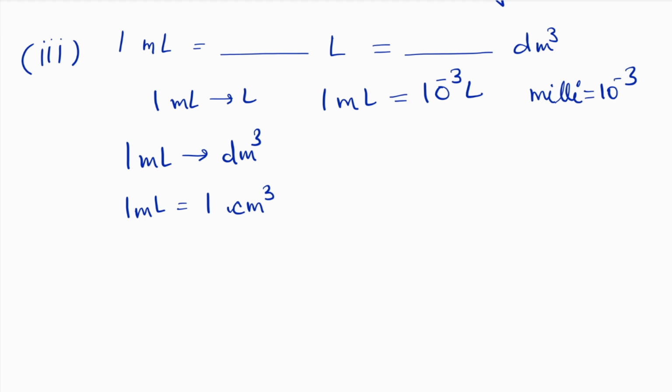Now we can convert centimeter into decimeter. 1 centimeter cube is actually 1 centimeter multiplied by 1 centimeter multiplied by 1 centimeter.